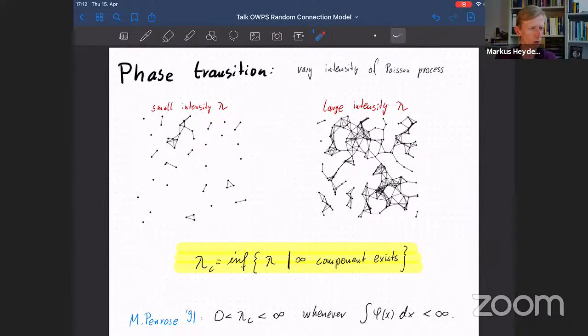As almost always, this was already studied in this particular case by Mathew Penrose in 1991, who showed that there is really a phase transition, in the sense that lambda c is neither 0 nor infinity, if and only if that function phi is integrable, that is, has a finite integral. Otherwise, if that is infinite, then lambda c is equal to 0.